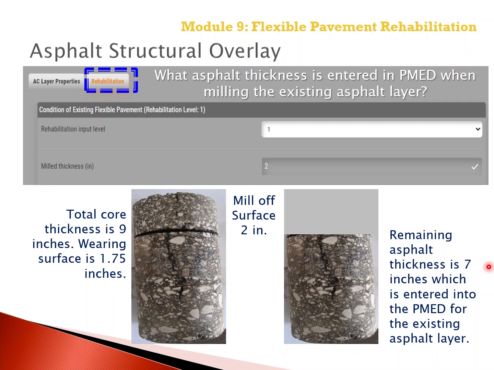So the thickness of the existing asphalt layer is not the thickness that's entered. It's always the asphalt thickness that remains and is representative of the condition at overlay. So since we milled off 2 inches, which leaves 7 inches, 7 inches is entered into the thickness of the existing asphalt layer for our rehabilitation design in the Pavement ME software.